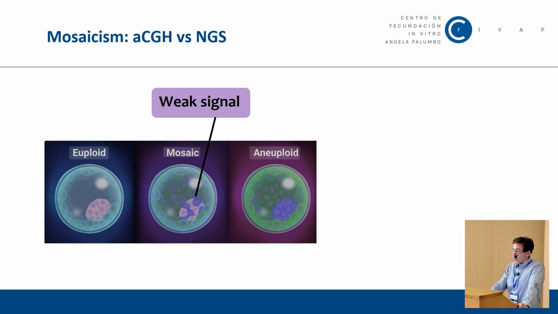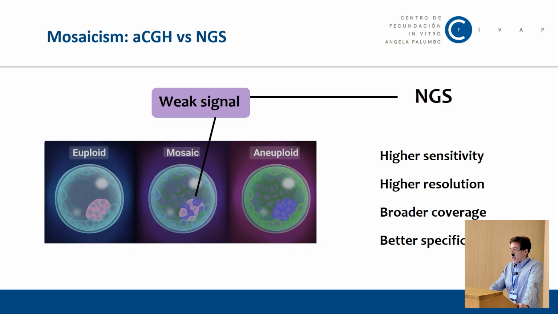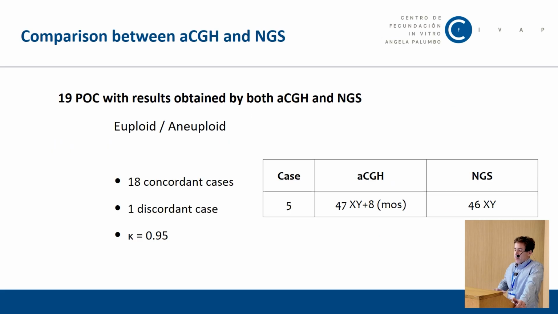Mosaic embryos show weaker signal because there are fewer cells that are genetically abnormal and could be misdiagnosed by ACGH. However, NGS has higher sensitivity, higher specificity, higher resolution and broader coverage. So that's why maybe in mosaics it could have better results than ACGH.